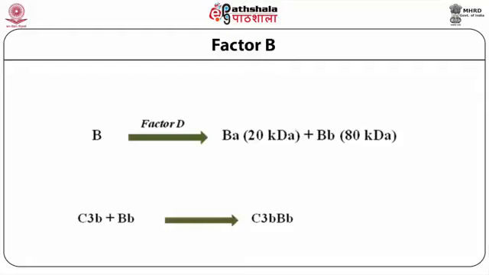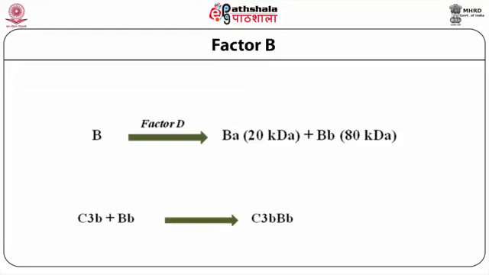C3bBb is a potent C3 convertase. Factor D is a serine protease which actually cleaves B only when it is bound to C3b. So C3b regulates this process. C3bBb has a very short half-life of 5 minutes. Its half-life is extended to 30 minutes if it binds to another protein called factor P, also called properdin.